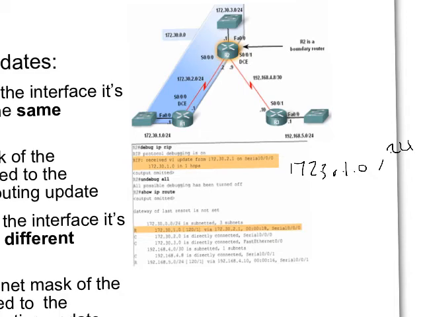How does it know the subnet mask of this network? Well, this is given because this one is directly connected, remember. The subnet mask is given to router 1 when we have to specify it.